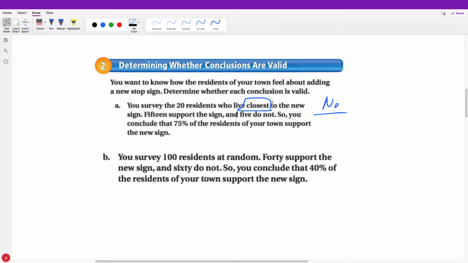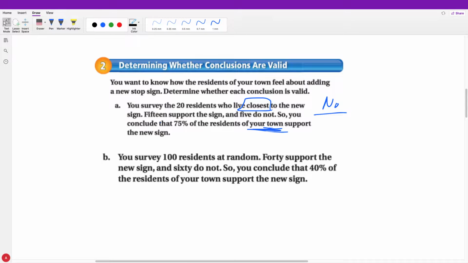Maybe they see people flying through that intersection. Maybe there's been some accidents, and they are directly feeling the impact of not having that stop sign there. So those people will probably be more in favor of it or have a stronger opinion of it than everyone else. And since you're only talking to the people closest to it, you're not accurately representing the entire town. And you are then saying that your town would support it.